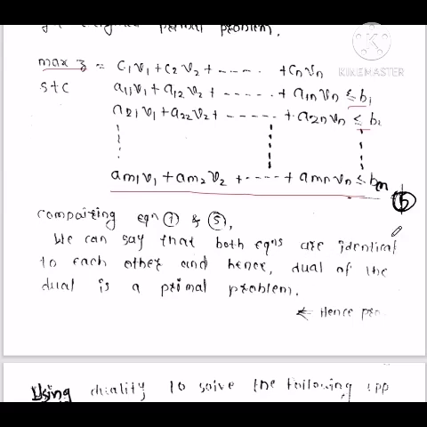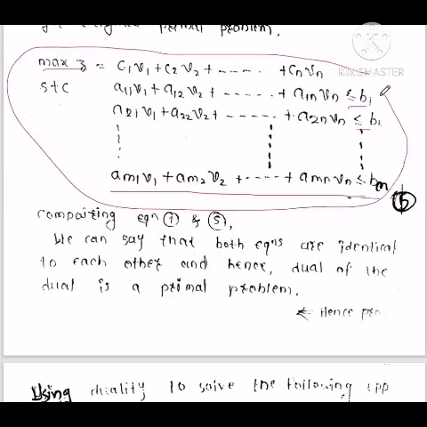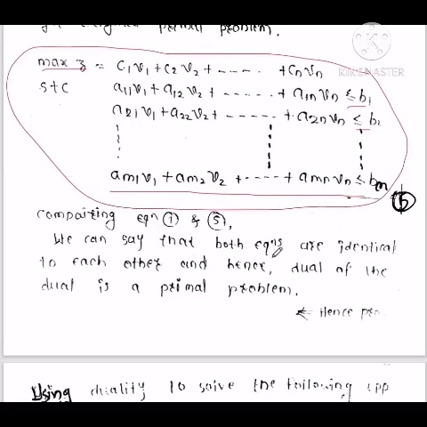So if you observe equation number 1 and 5, you get the same format as the primal problem. Hence the dual of the dual of the primal problem is the primal problem. Hence this is the proof of the theorem. This is a very important theorem from the exam point of view.